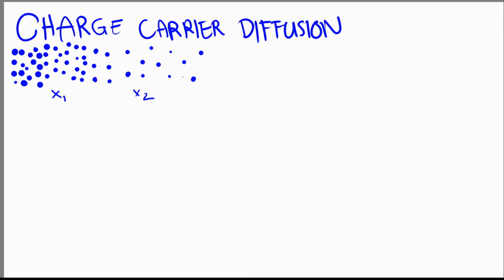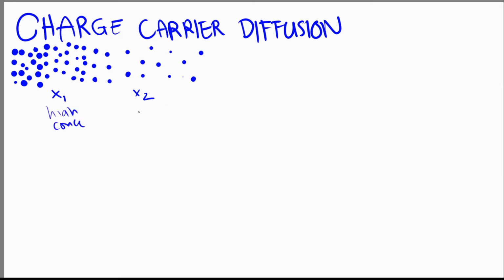From diffusion, we know that our substances would migrate from the higher to lower concentration. So take for example, in this situation, let's say the blue circles represent our electrons. In the region X1, this is of high concentration.